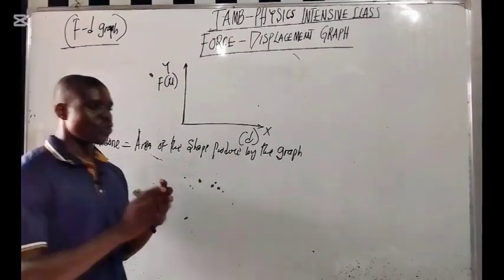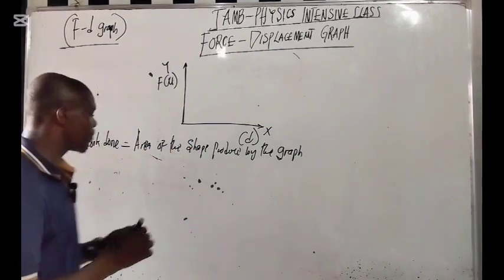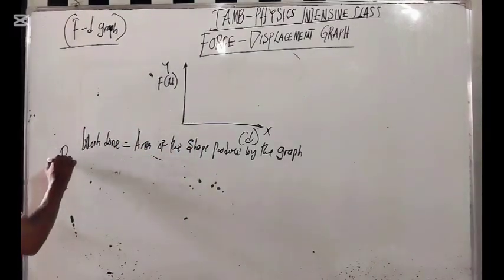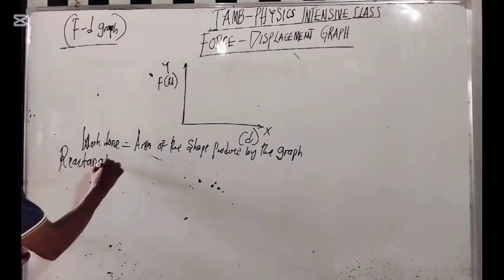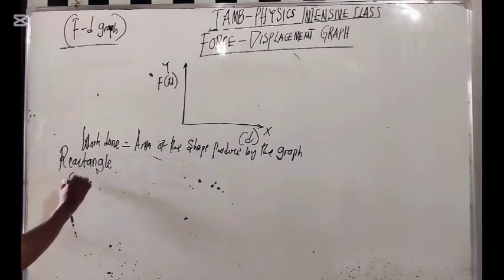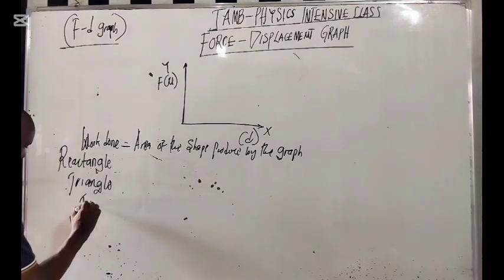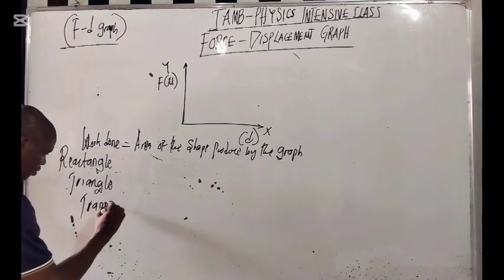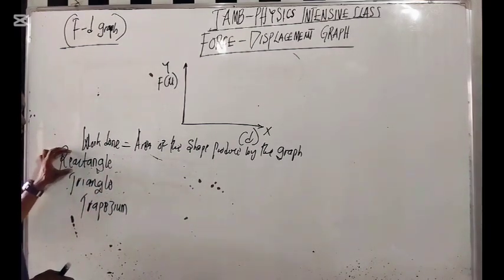When you plot the graph, the shape can either be a rectangle, a triangle, or a trapezium. So what is the area of a rectangle?